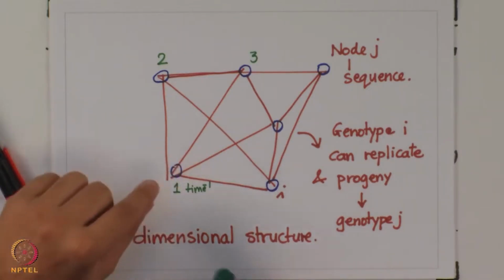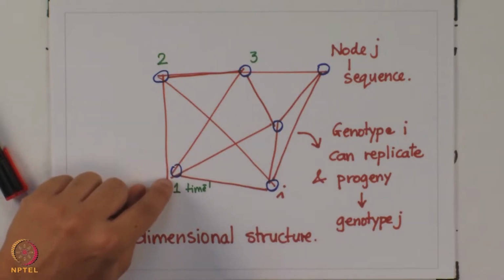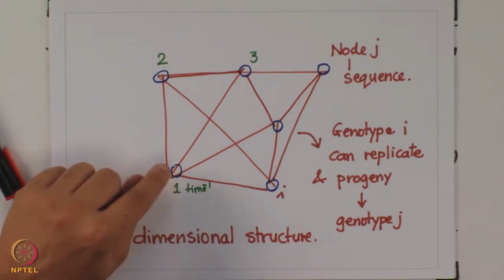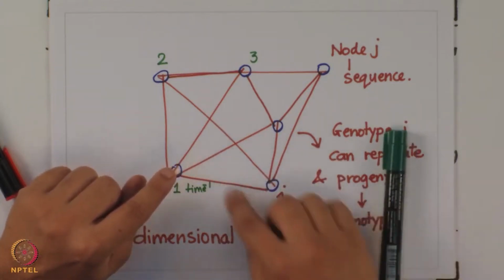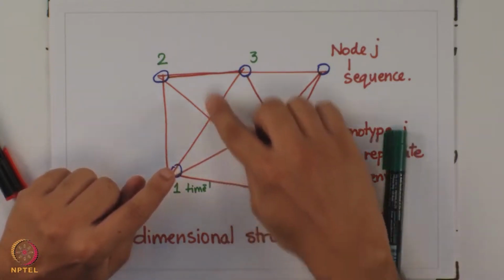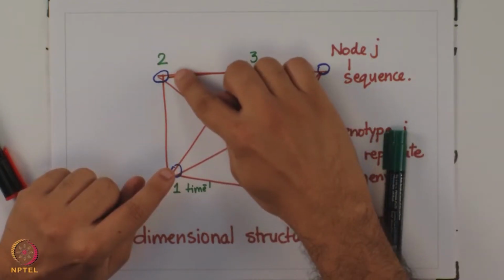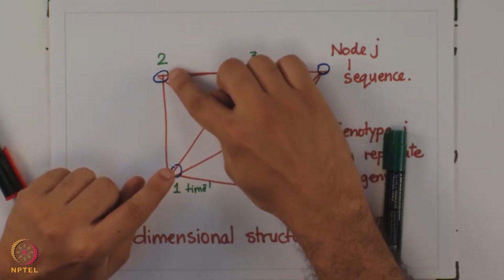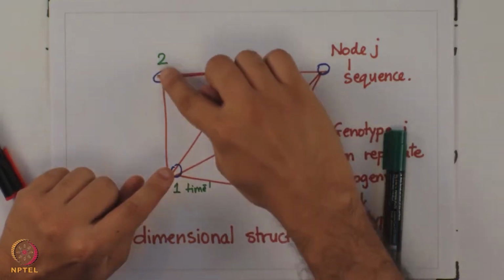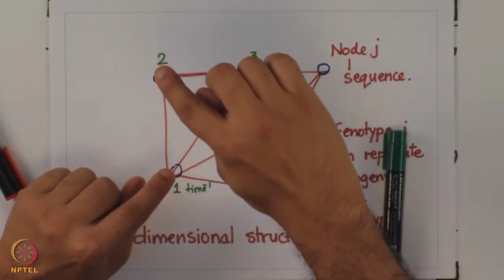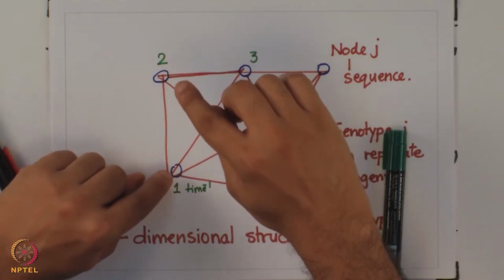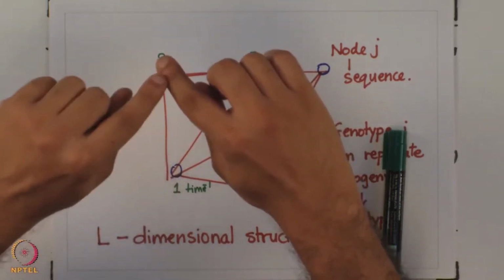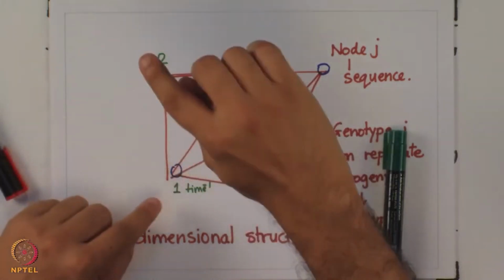So when you have a population at this particular genotype, it is actually existing at a value of 1, and when a mutation event happens such that a progeny corresponding to this particular sequence is produced, that progeny lies at this point, which is at a height of 2 units. So there has been an increase in fitness when one of the individuals of the population has moved from this node to this node.